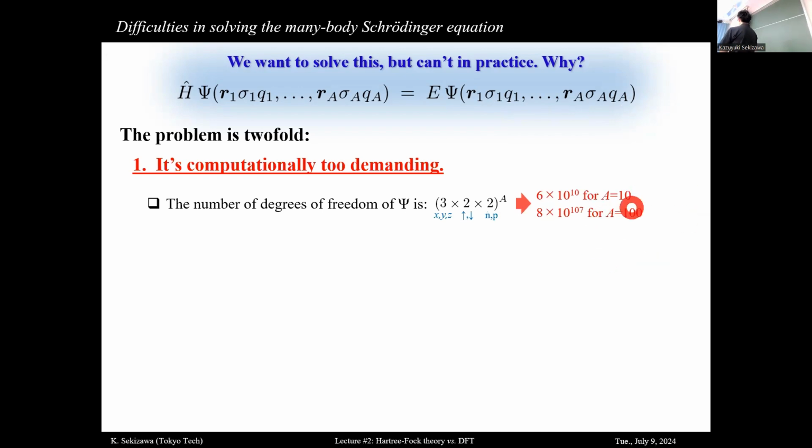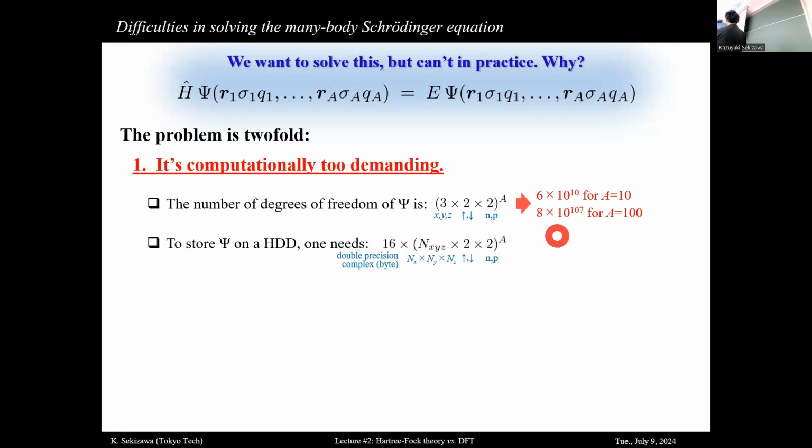And for 100 particles, it will be 10 to the power of 107. So it is ridiculously large. Okay. So too complex. And you may say, since we will have quantum computers, we may handle this complexity in some clever way.